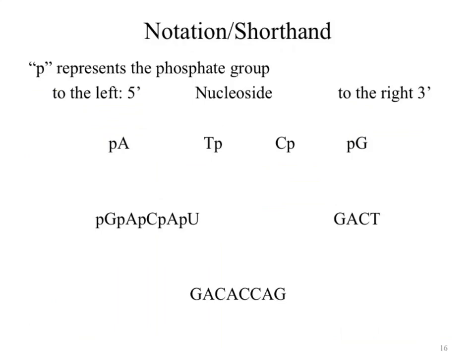If you see it marked to the right, what we're saying is that phosphate is located on the 3' end, not the 5' end. So in the case of this first one, we have a phosphoadenosine with the phosphate on our 5' side. So we could say 5' phosphoadenosine. What about the next one? It's going to be a 3' phospho.